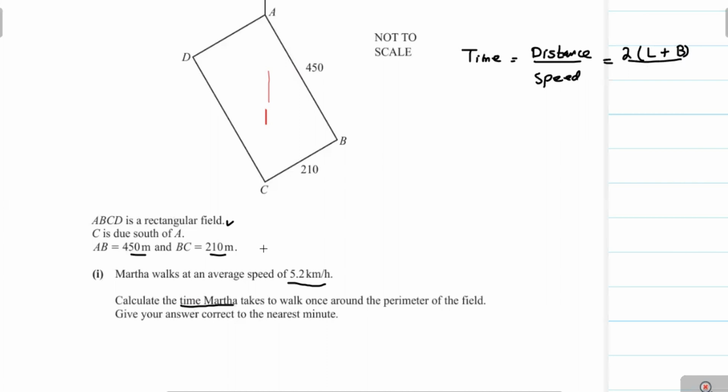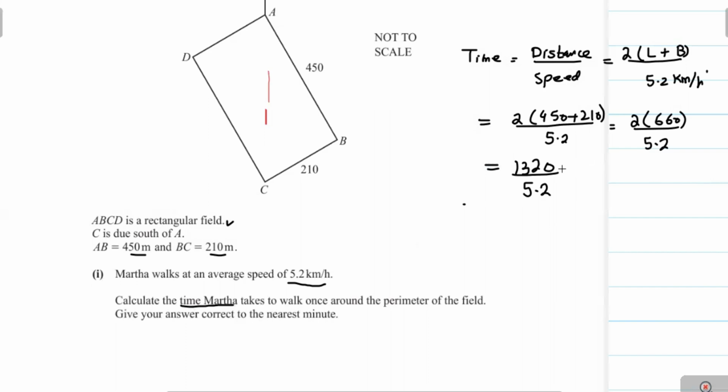Our speed here is 5.2 kilometers per hour, and 2 into length, which is 450, plus breadth, which is 210, divided by 5.2, and this value will be equal to 2 multiplied by 660 over 5.2.